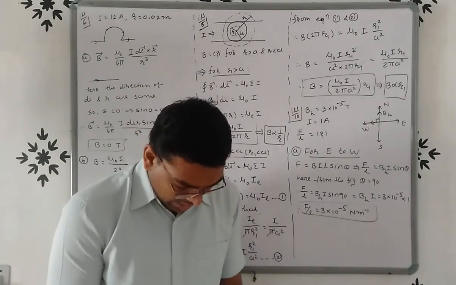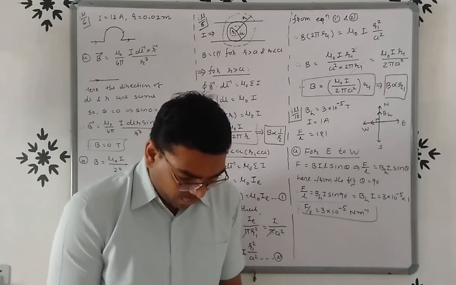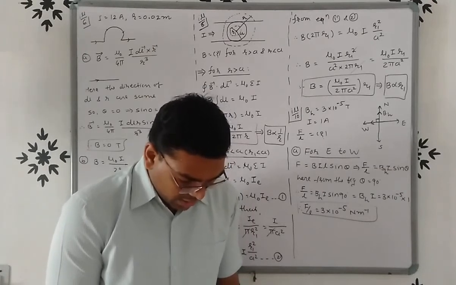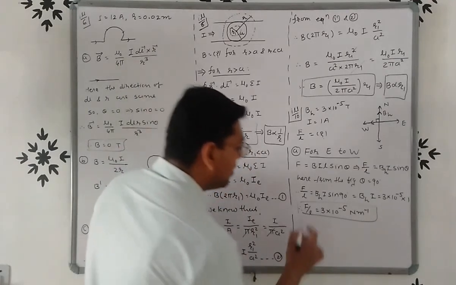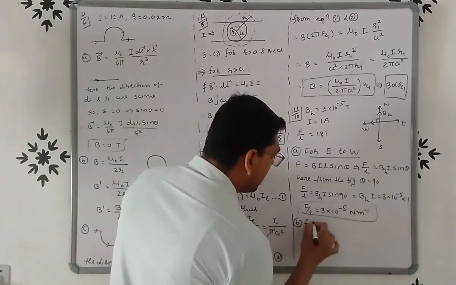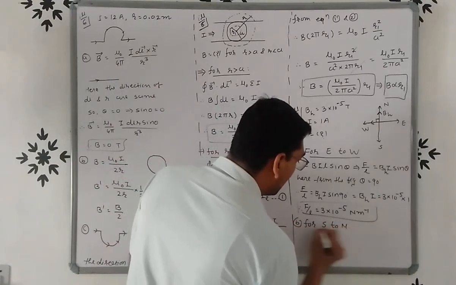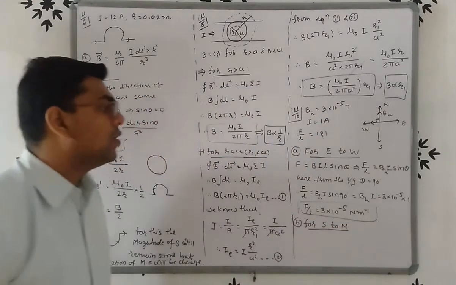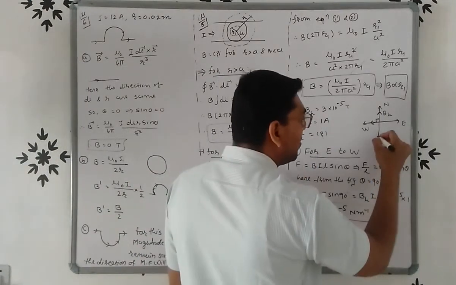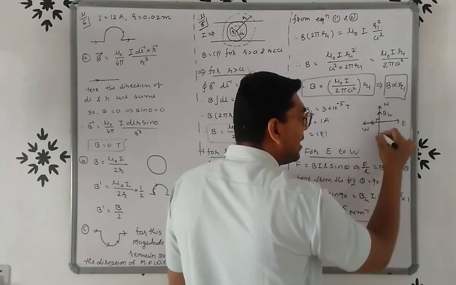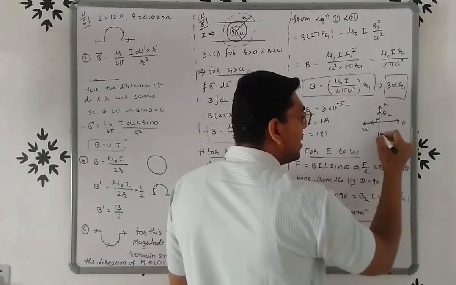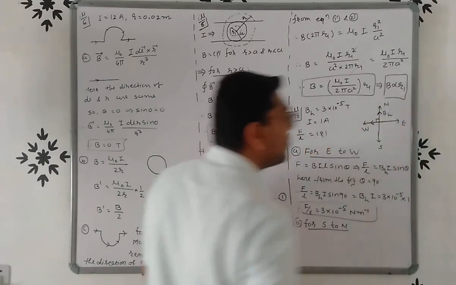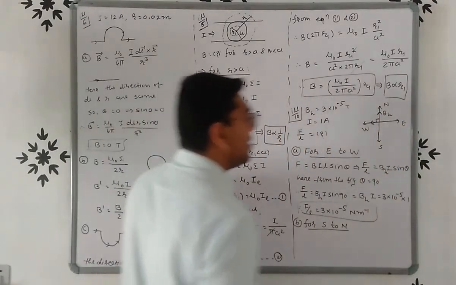Now, in the second case, we have to find the force per unit length for the direction south to north. So the direction will be like this, south to north. Here the direction will be the same. If we move from south to north, we move in the same direction as the horizontal magnetic field.